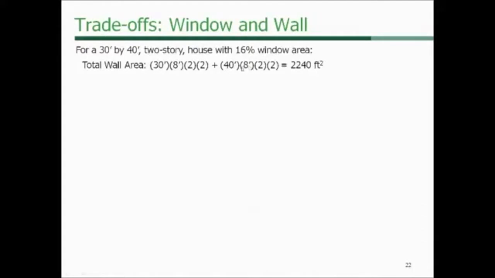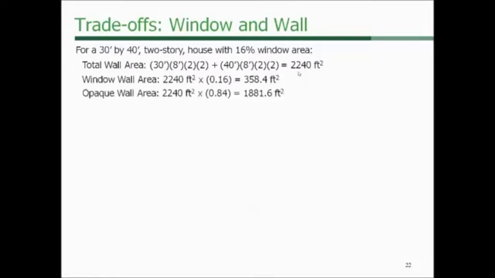And similarly for the 40-foot side, which gives us 2,240 square feet. 16% of that is window, and that leaves 84% opaque. So we've got a window area of about 360 feet and an opaque wall area of about 1,880 square feet.